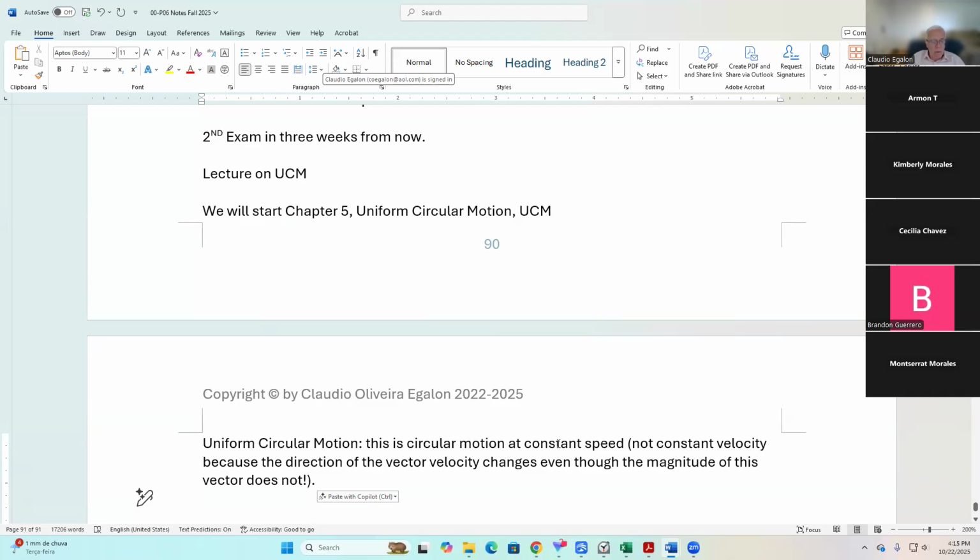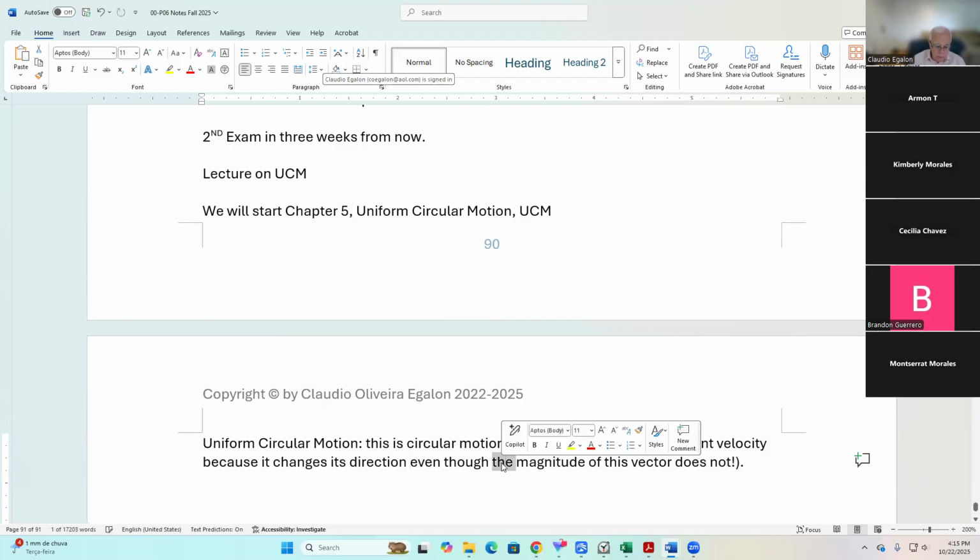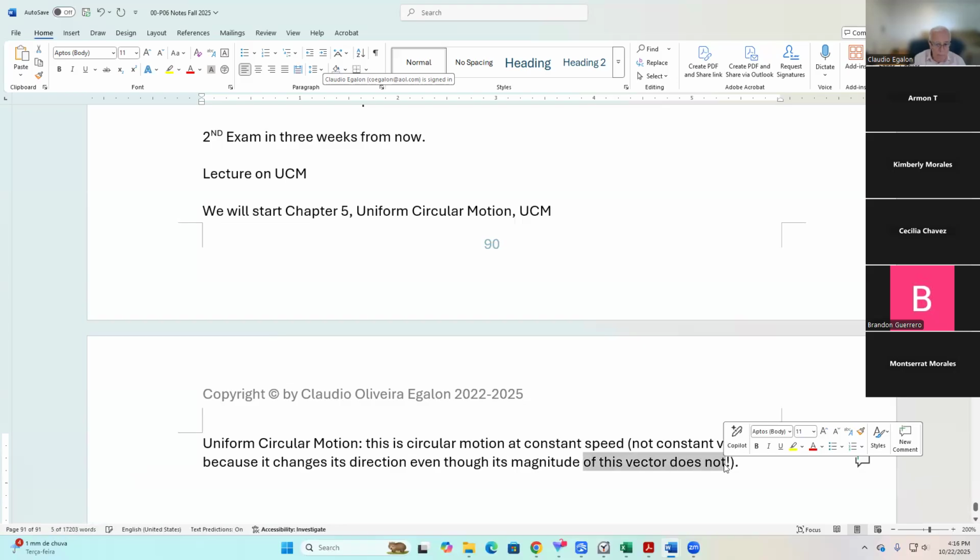This is circular motion at constant speed, not constant velocity, because the velocity changes direction, even though its magnitude is the same.